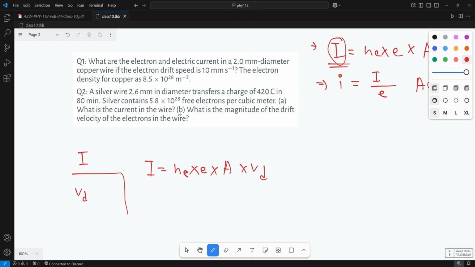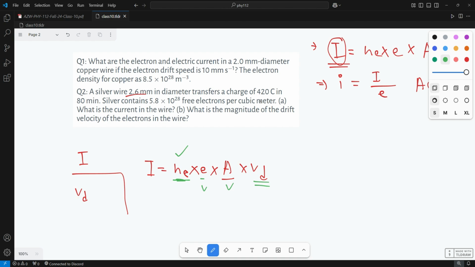In here we are given only the diameter, which we can use to find the area. So let's put a tick over here. They also gave us the number of free electrons per cubic meter. We know this, but we don't know the drift velocity.